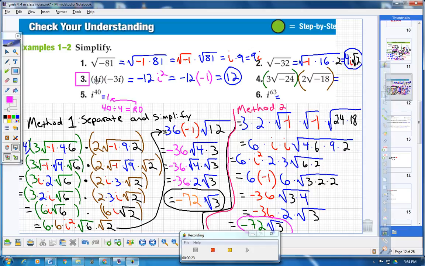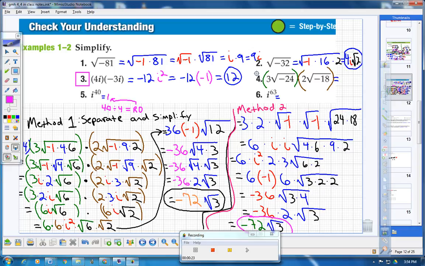We are dealing with pure imaginary numbers. Pure imaginary numbers are complex numbers without any real part. They just have the imaginary part. So we have 4i times negative 3i. In this case, we're just going to multiply 4 times negative 3 and i times i. We know that i squared is equal to negative 1. Therefore, negative 12 times negative 1 is positive 12.